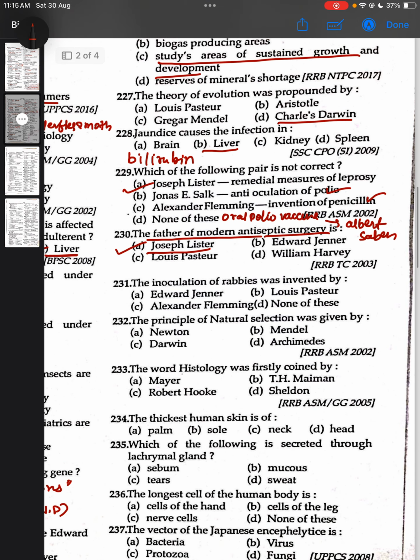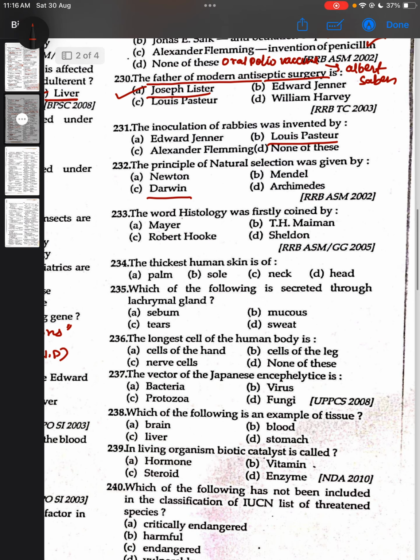The inoculation of rabies was invented by Louis Pasteur. The principle of natural selection was given by Darwin. The word histology was first coined by Mayer. His full name is Karl Mayer. The thickest human skin is of sole. The most appropriate answer will be both sole and palm.